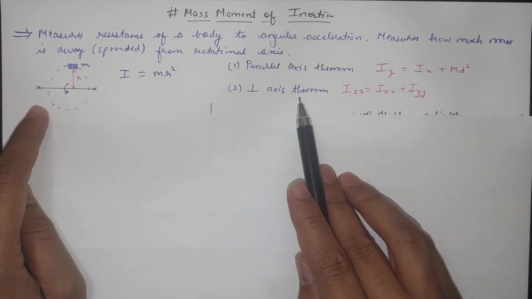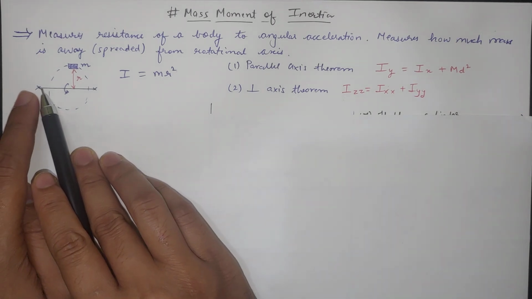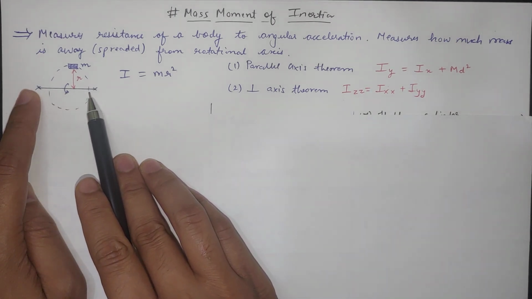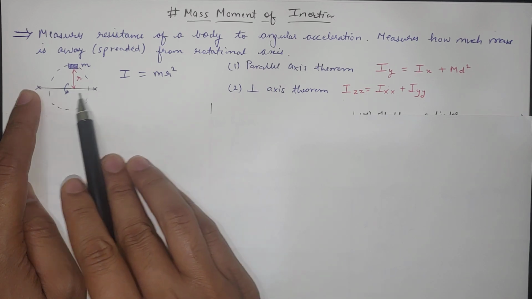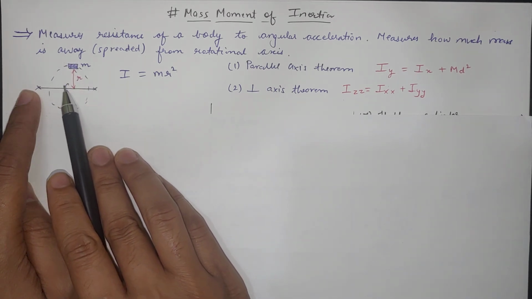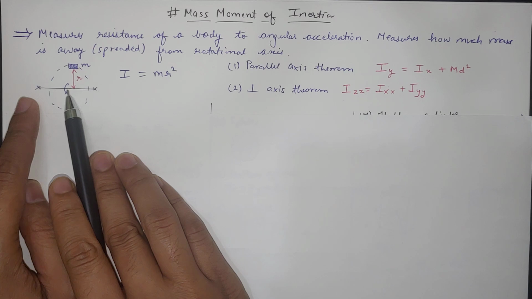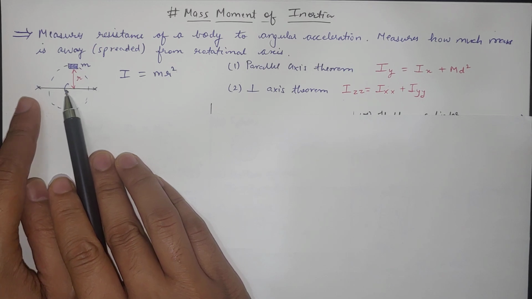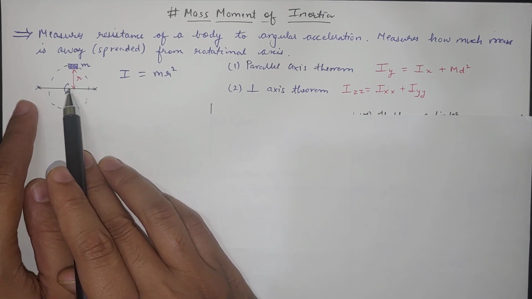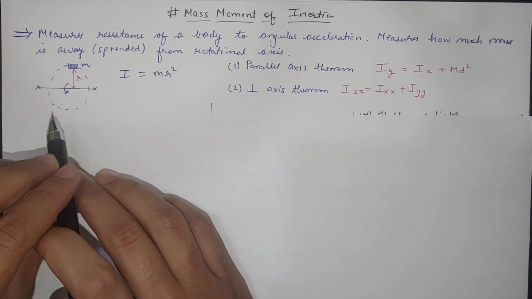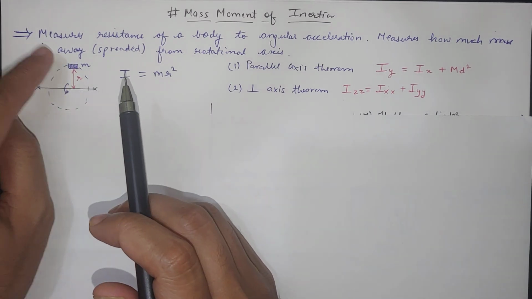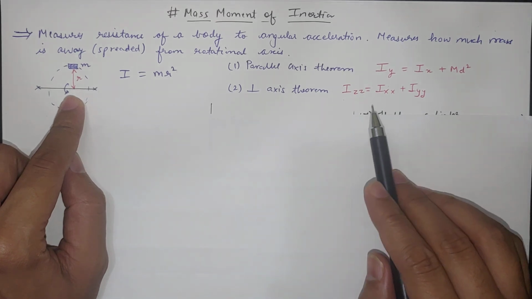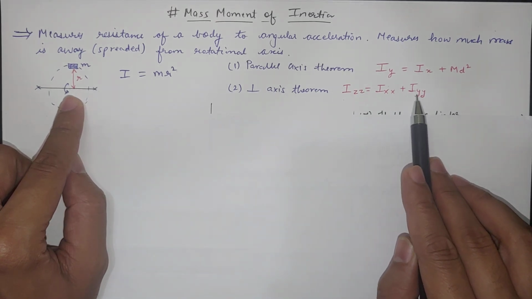The perpendicular axis theorem is this: if you know Ixx and the perpendicular direction Iyy, one horizontal and one vertical, for a particular mass, then for the axis perpendicular to both these axes, meaning perpendicular to the plane of this paper, you can directly know the inertia, which will be equal to Ixx plus Iyy.